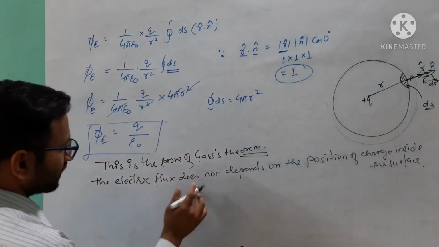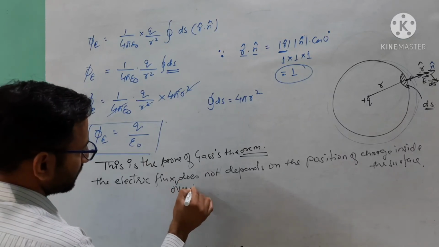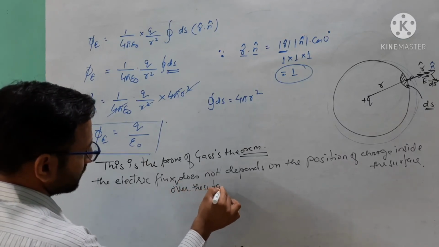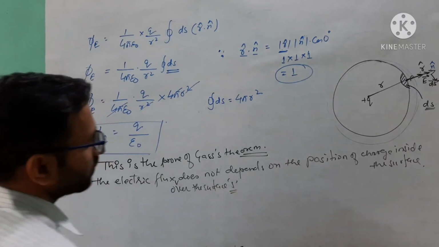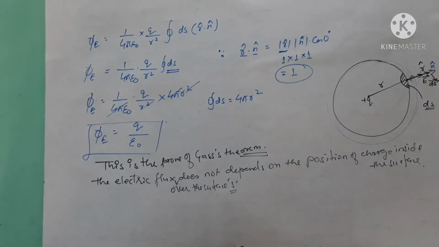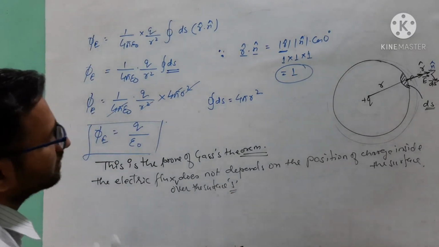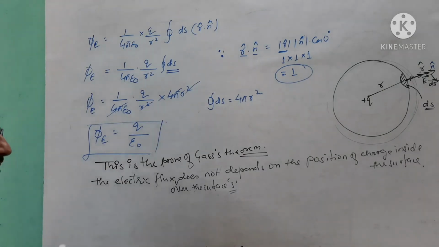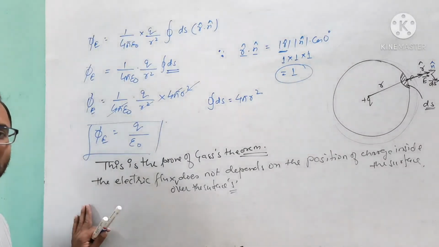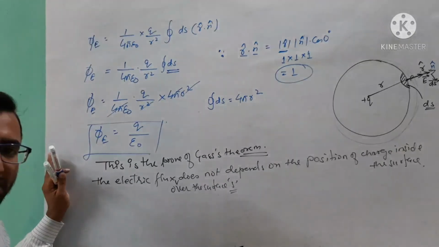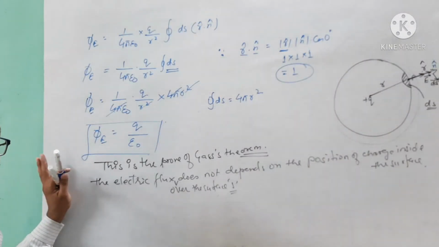The electric flux over the surface S does not depend on the position of the charge. Got it?